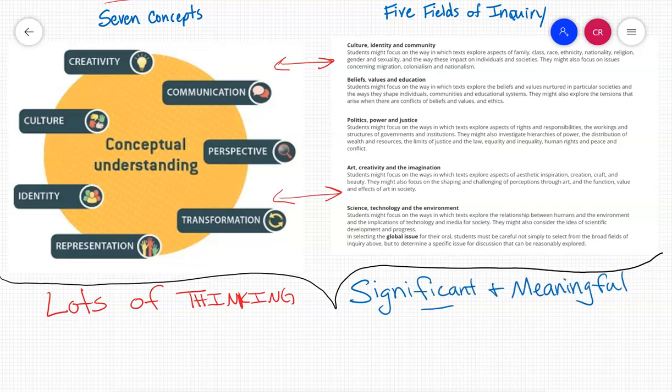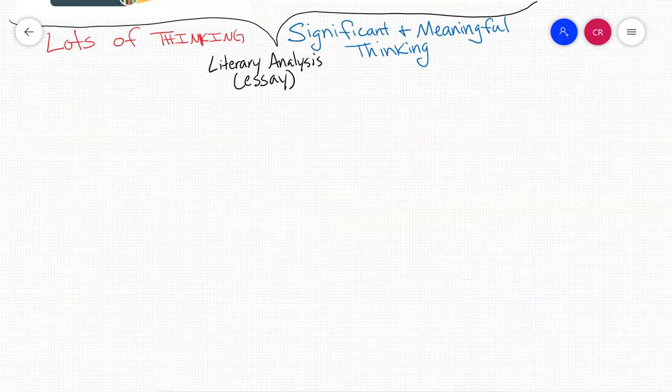This thinking is very meaningful. And by doing this thinking and using our brain, we are able to come up with the ideas that we're going to use in our paper. If you're not spending lots of time thinking about these ideas, and if your thinking isn't significant and meaningful, then your paper is not going to be significant and meaningful. So lots of significant and meaningful thinking is what's going to lead to your literary analysis essay.